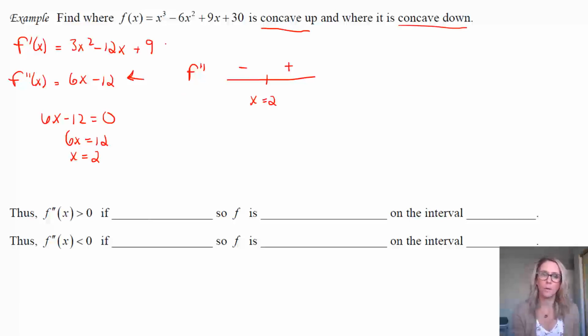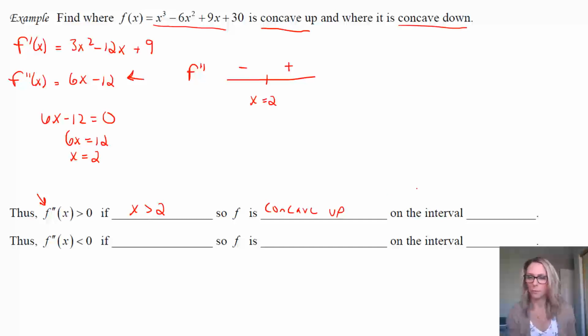So this tells me that for this function that we have right here, the second derivative is positive if x is greater than 2, which is what we got from our number line. So f is going to be concave up on the interval 2 to infinity.